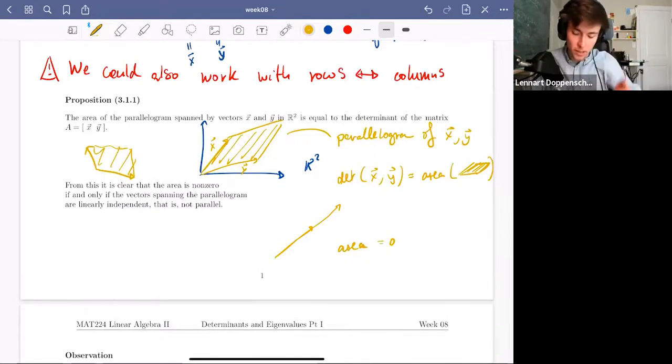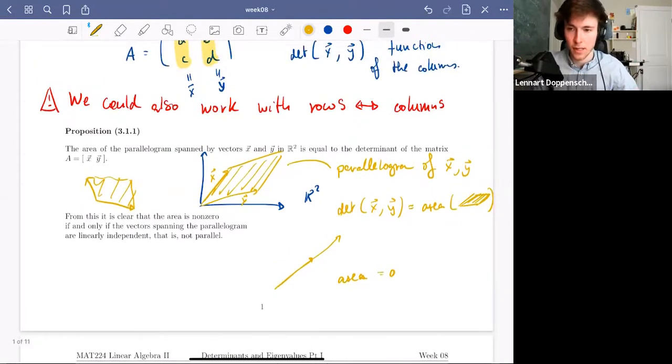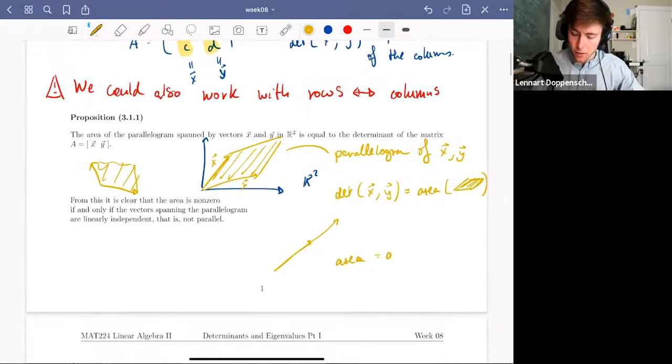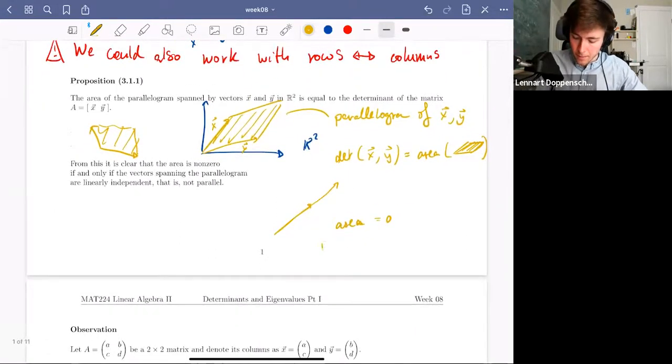So if the determinant is equal to the area, which is this proposition that has a proof in the book, which is very geometric, I'm just going to skip this in the lecture, but you can go and read this if you like. If the area is 0 if and only if X and Y are parallel, because then the parallelogram is just a line.